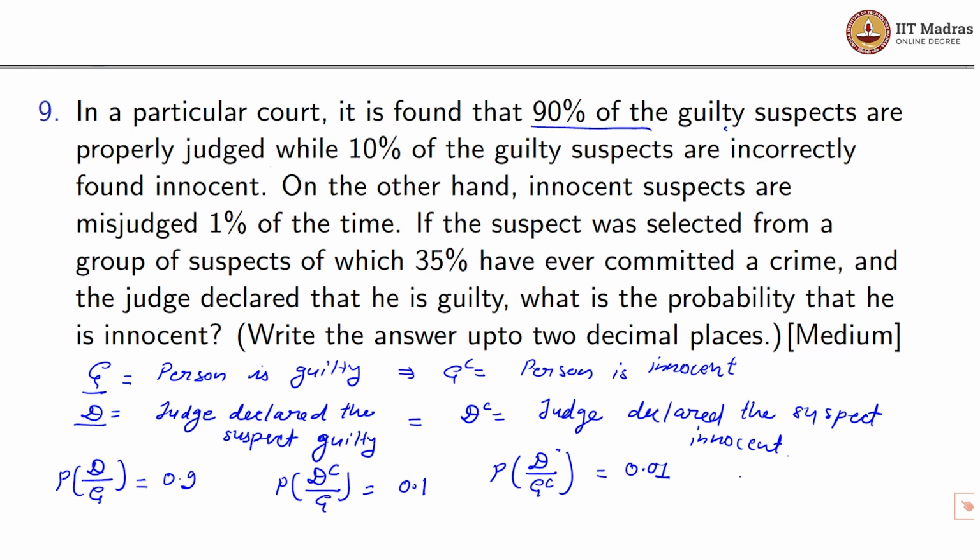That is, the person is guilty. The probability that person is guilty is given as 0.35. Now I am to calculate that from that group, if person is selected and he is declared as guilty, so what is the probability that he is innocent? So we have to find that what is the probability that he is innocent, that is G complement, but judge declared him is guilty. That value I am to find.